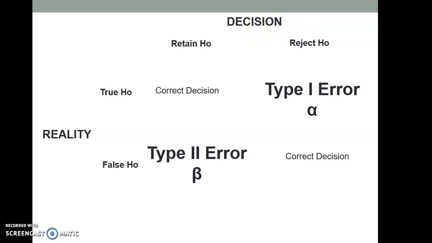Now, there are two most common errors that we commit when we accept or when we reject the hypothesis, whether null or research hypothesis. And these errors are type 1 and type 2 errors. Now, what is type 1 error? Type 1 error denotes that in reality, there is no difference between males and females in terms of attachment anxiety.